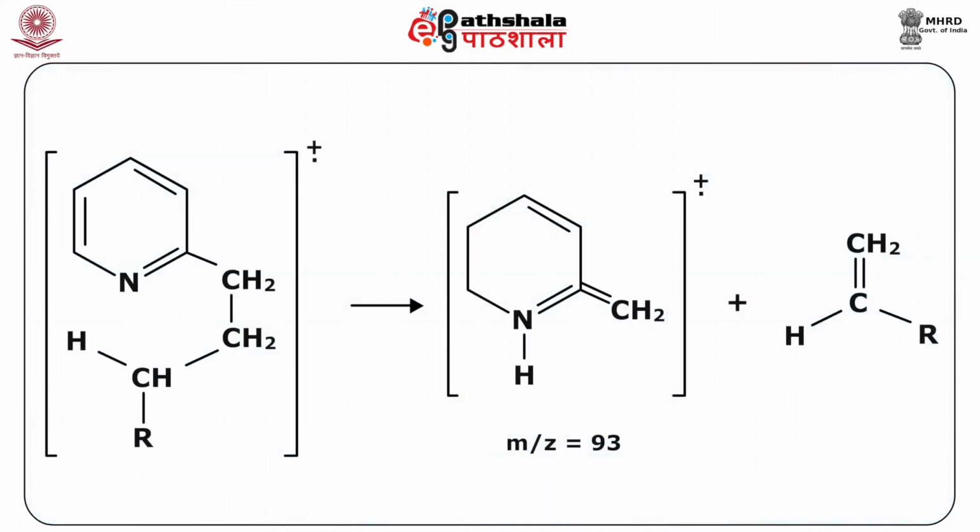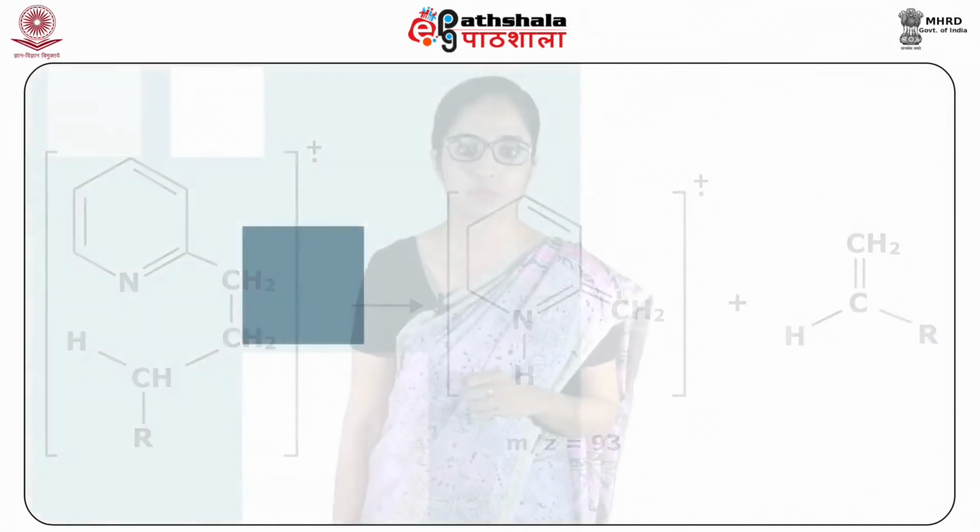When the alkyl side chain attached to the pyridine ring contains 3 or more carbon atoms linearly, then obviously McLafferty rearrangement is also preferred and will occur. This mode of cleavage is most important for substituents attached to the number 2 position in the pyridine ring.